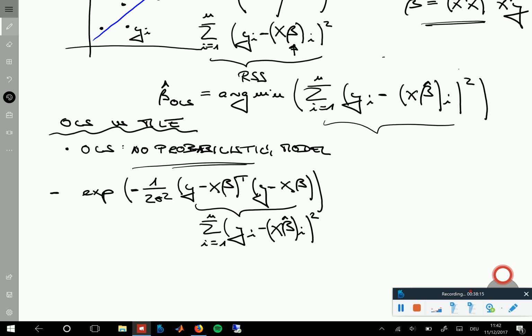Now, can one say a little bit more? Well, this thing is always larger than 0 because it's a square thing. So it enters the exponential with a negative sign. So if we are looking at the exponential function, we always get something negative.